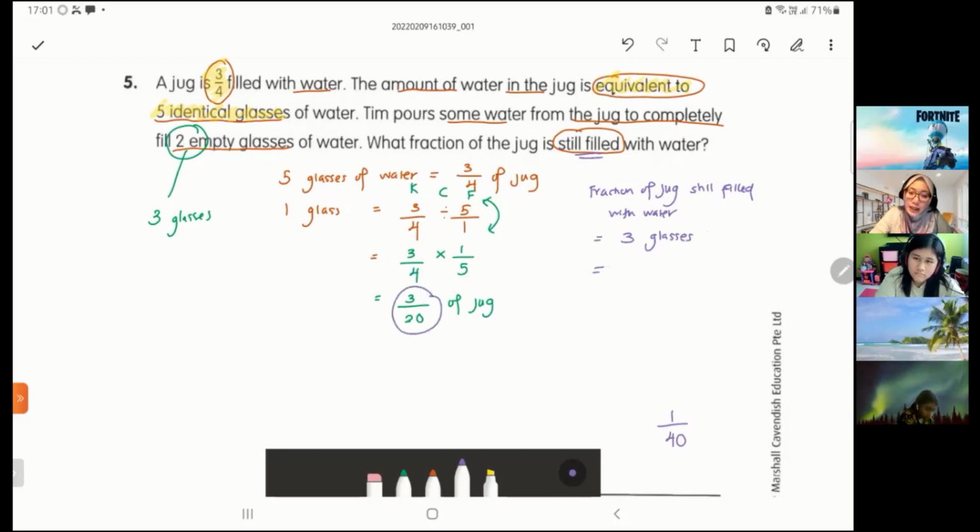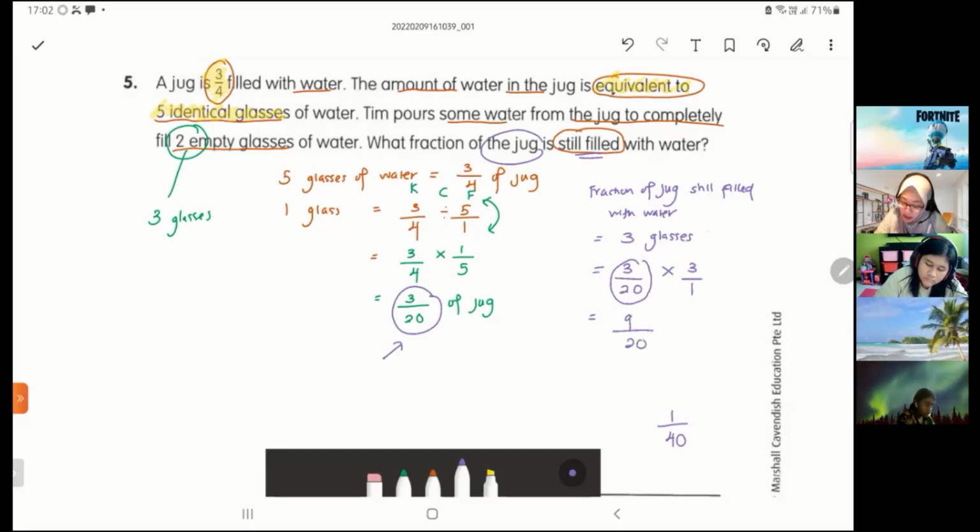So 3 glasses will be 3/20 times 3, because 1 glass is this much. So I want the jug fraction, this is about the jug. Then times 3/1 equals, I can't simplify crosswise, so just 3 times 3 is 9 over 20 times 1 is 20. So the correct answer is 9/20, not this. This is the answer.